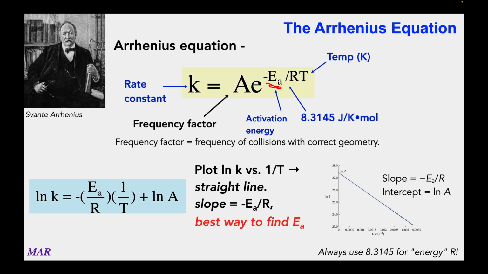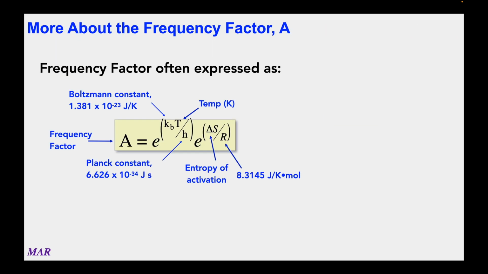But E sub A here is super cool for chemists. That little A thing, that frequency factor, has different interpretations, and that's kind of beyond where we need to be right now in this class. However, because some of you, I'm sure, are just dying to know, here's what I consider to be the best interpretation of the frequency factor. What they've done here is broken the frequency factor down into lots of things.